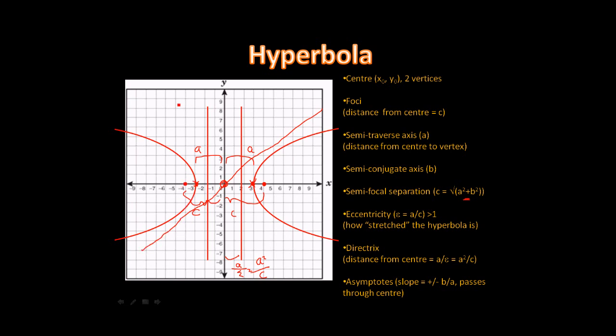And the other asymptote is like this. Basically, these two asymptotes form a bounding box for the hyperbola. The hyperbola will never go across these two straight lines. And here you see the value of b actually helps to define these asymptotes.